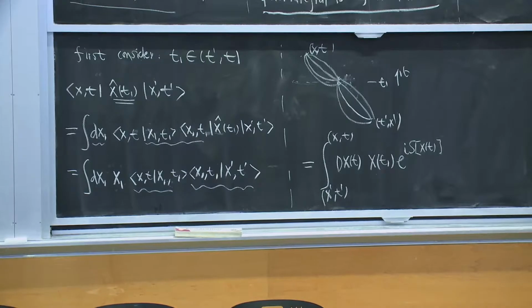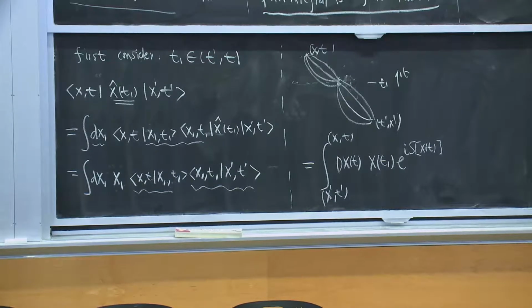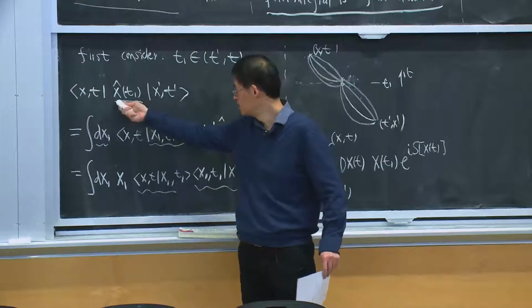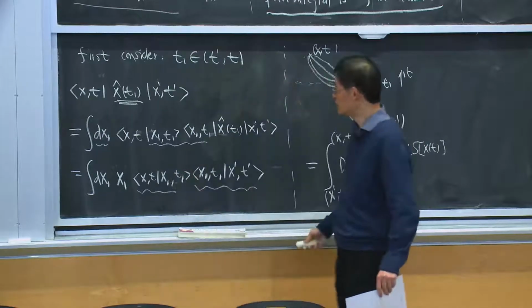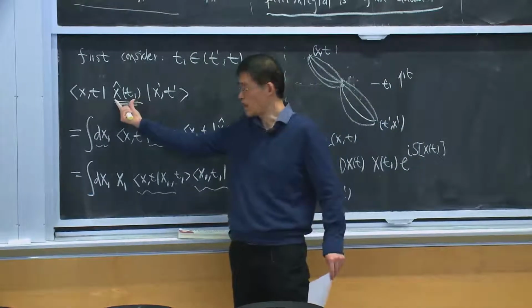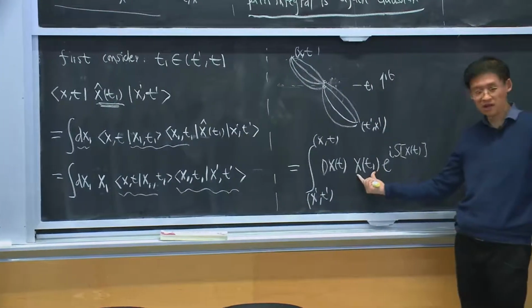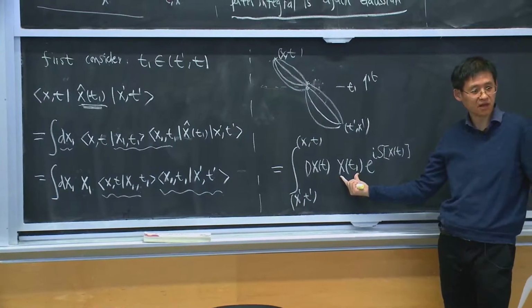This is very suggestive. It tells you that when we insert an operator here, what we do is translate the eigenvalue of this operator and plug it into the integrand.